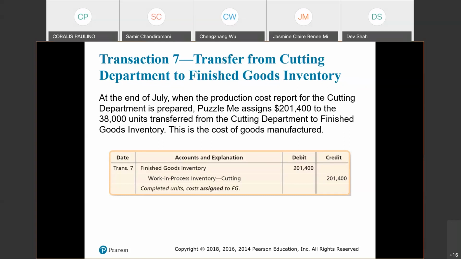And the increase of asset accounts is to debit it, while the decrease of asset accounts is to credit it. So to transfer out of the cutting department, we credit WIP inventory in the cutting department and debit the finished goods inventory account for the same amount of money.